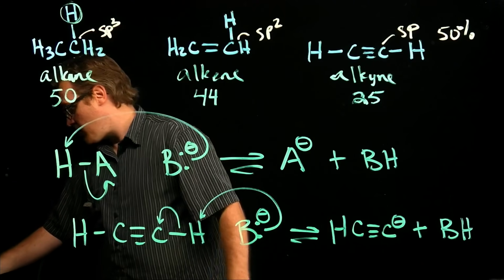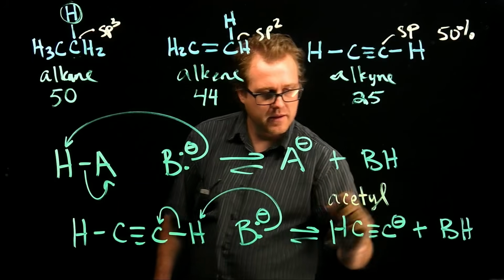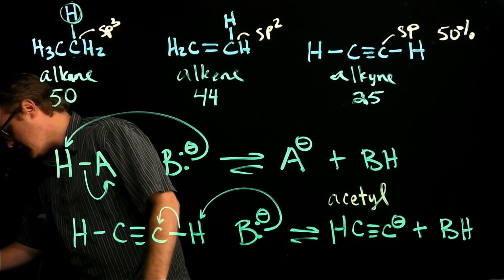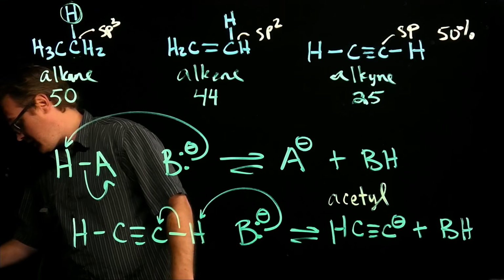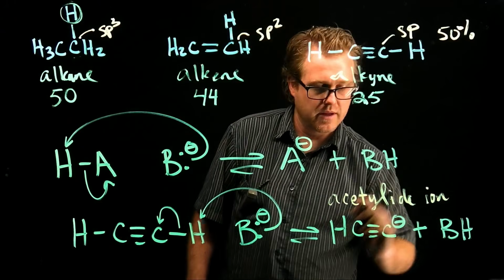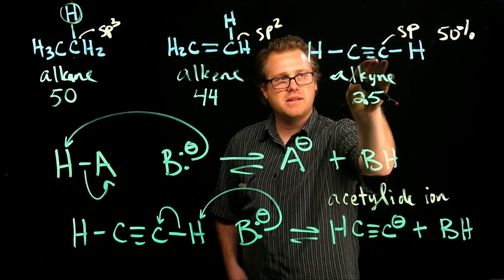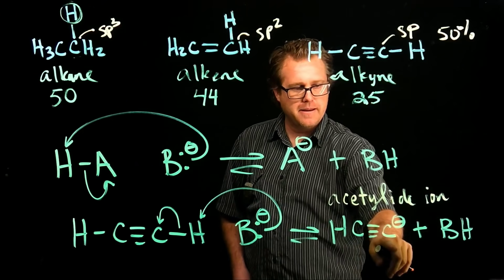And you guys know I'm the world's worst speller, so let's make sure I get this right. The acetylide ion is when you start with this and turn it into that. Okay?